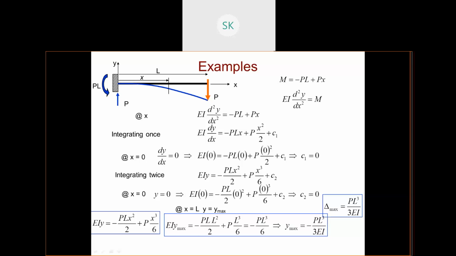The slope is 0 at this point. You are asking why dy by dx equals 0, right?